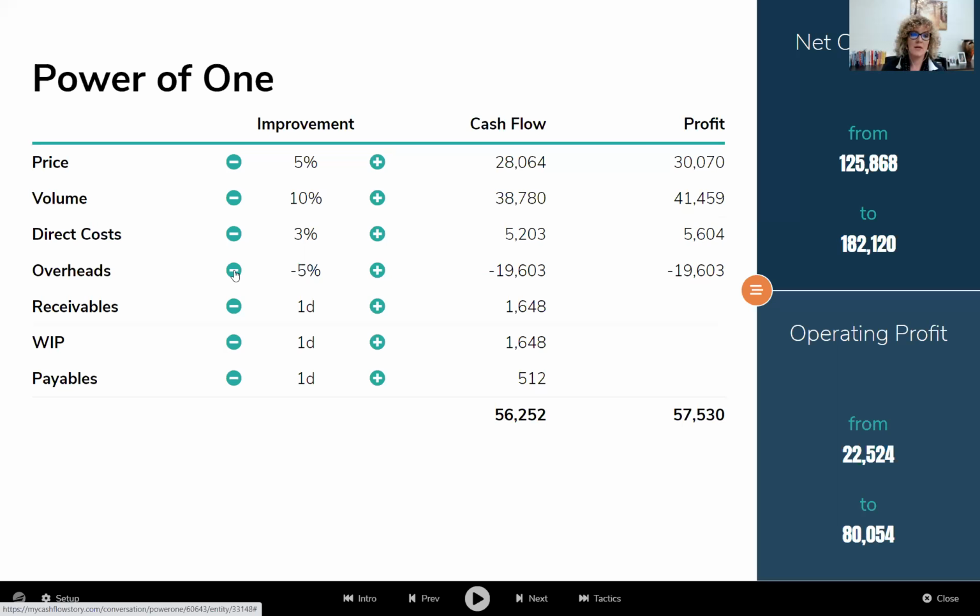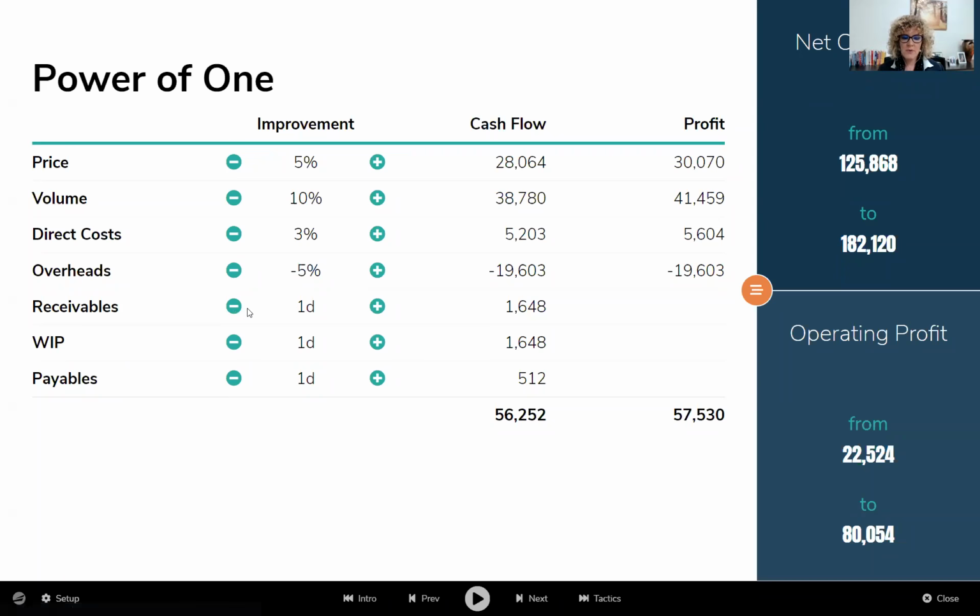If I'm going to increase my volume, it might mean that I've got to spend more on marketing or a salesperson or something of that nature. So often I'm very skeptical about improving overheads for a growing business. But I would recommend that you review your costs. You might save on insurance, you might save on your telephone, whatever that may be.